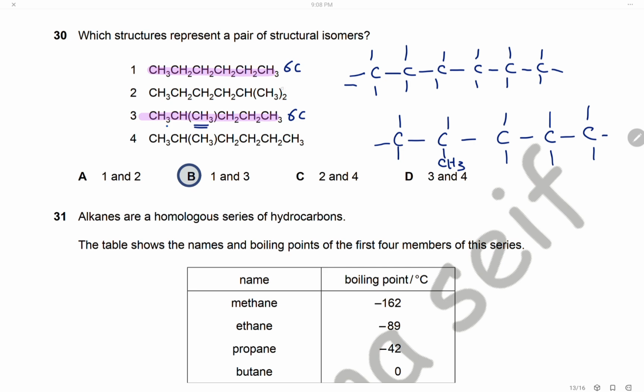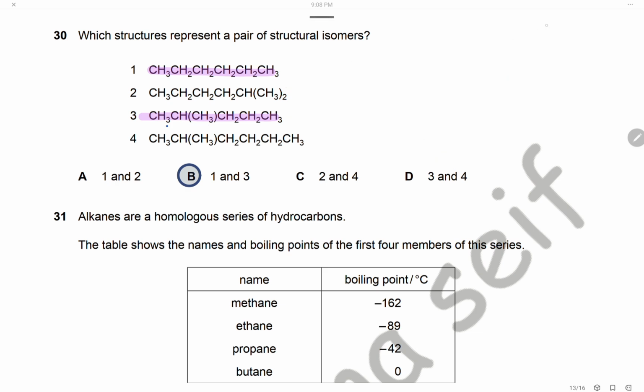Let's check 2 and 4. Compound 2 has 7 carbons and compound 4 also has 7 carbons. So let's draw the structure. The first one, compound 2: CH3, CH2, CH2, CH2, CH, CH3, CH3.